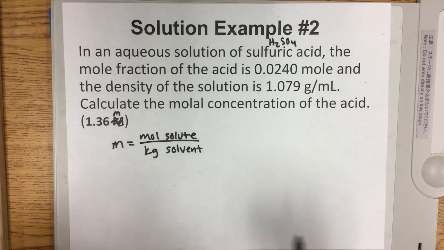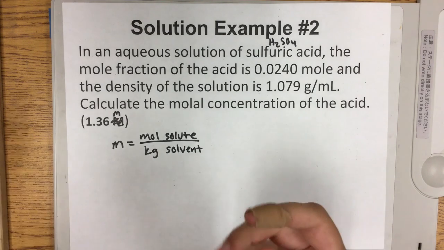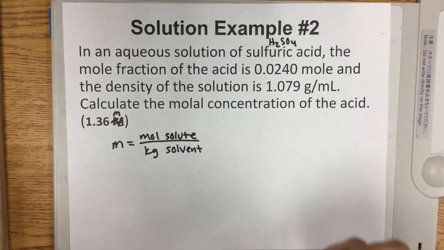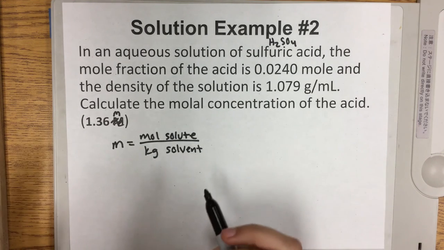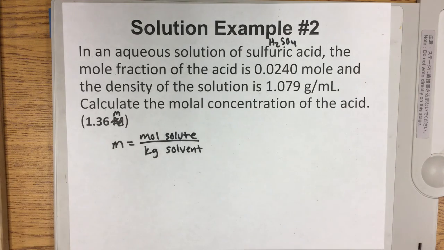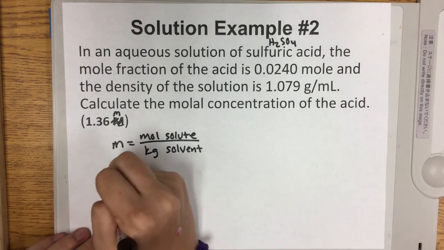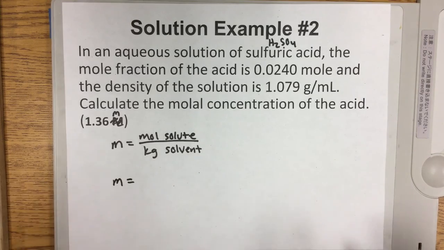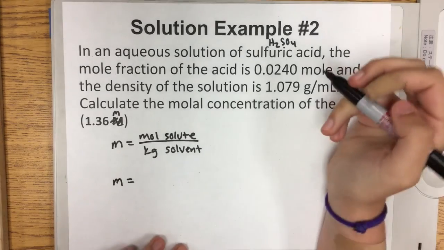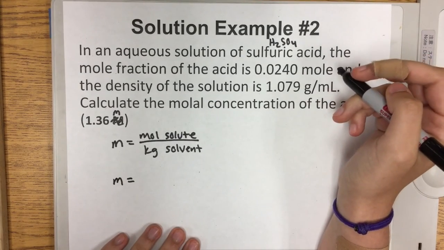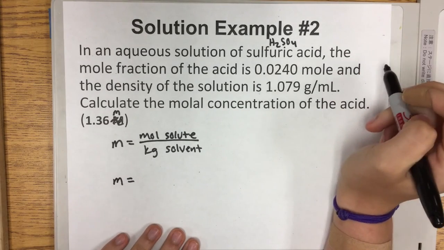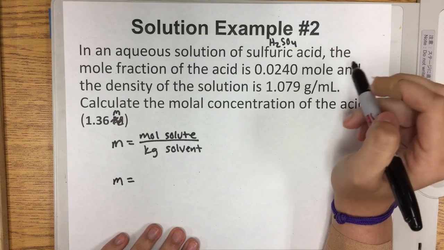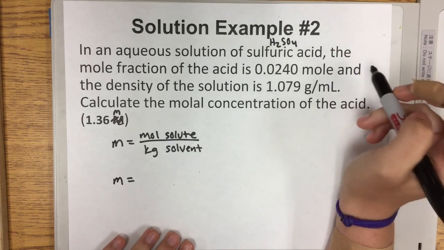The solvent is like the water or whatever liquid that you use with it to create the solution. So we need to find the moles of solute and kilograms of solvent for our molality. Okay, so we're given the mole fraction of the acid. The mole fraction is the moles of solute per moles of solution.